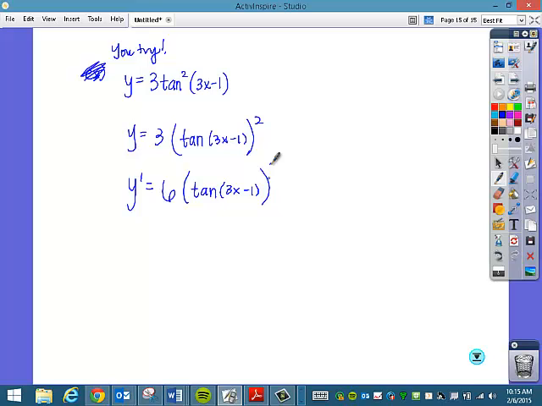Now I have to take the derivative of what's inside the parentheses. The derivative of tangent is secant squared. Remember, I keep the u the same. But then I have to take the derivative of my u, which the derivative of 3x minus 1 is just 3.